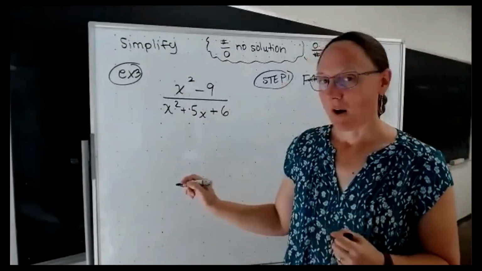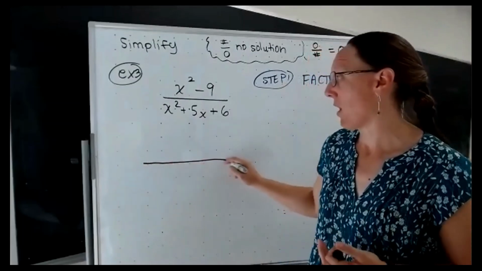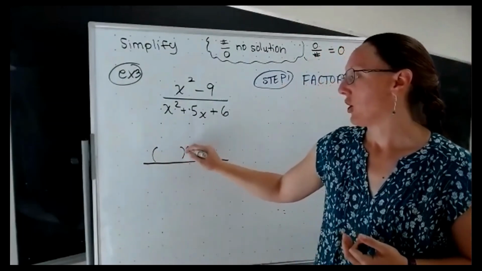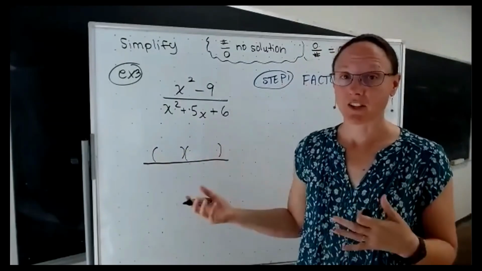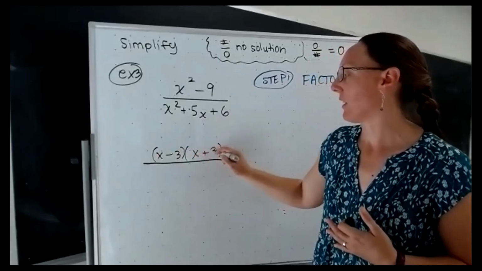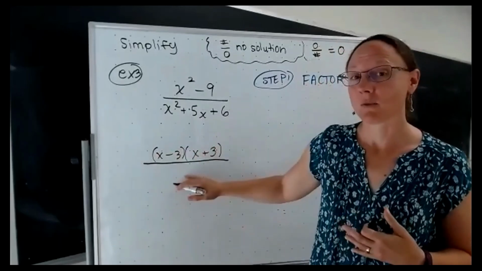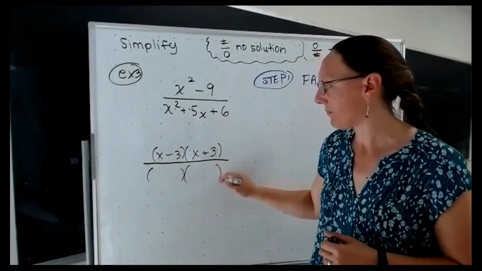I would expect in 30 seconds for this problem that for sure you would have recognized that the numerator is the difference of perfect squares, and you'd have the x minus 3, x plus 3 on top. In terms of that denominator, some of you probably had it factored quickly also.